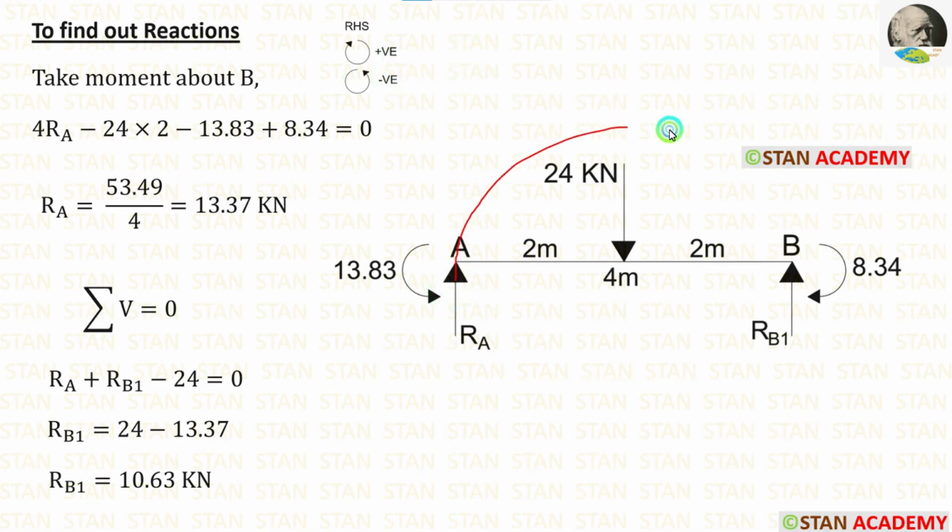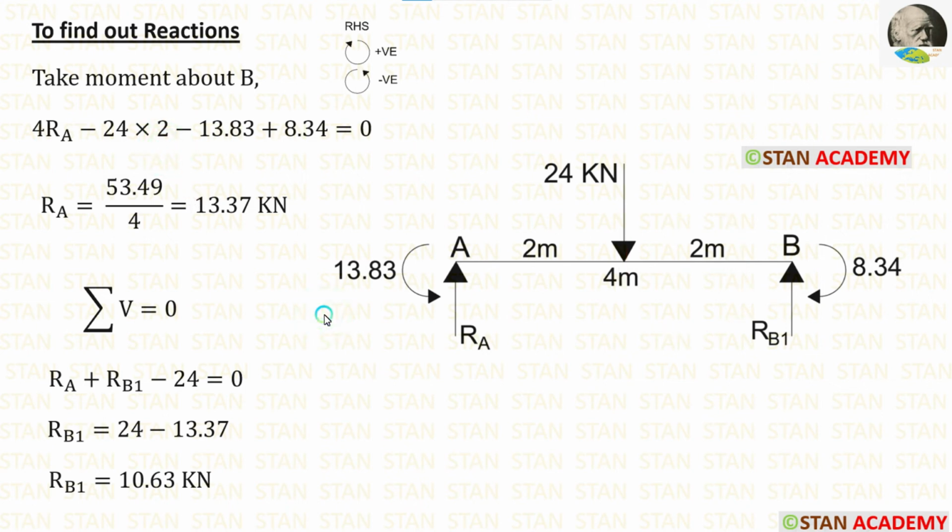The vertical reaction RA is acting towards the point B in the clockwise direction, so it will be positive, and the distance is 4, so 4 RA. The point load is acting towards the point B in the anticlockwise direction, so it will be negative, and the distance is 2 meter, so minus 24 into 2.